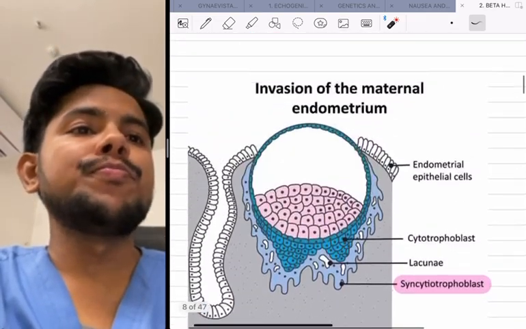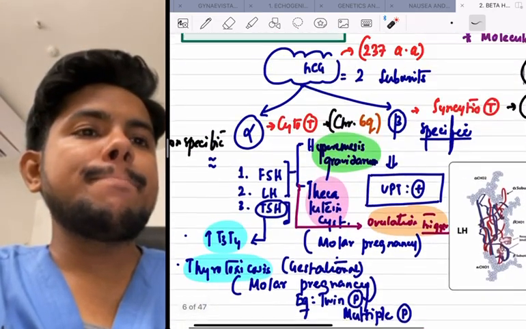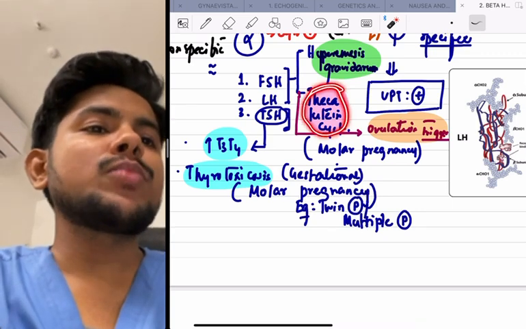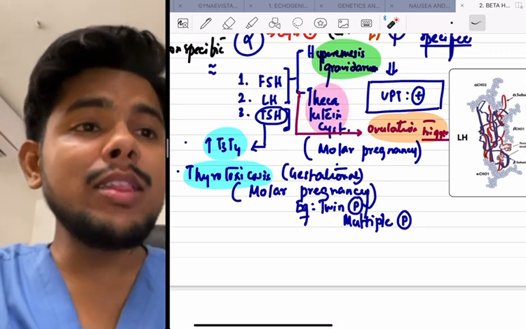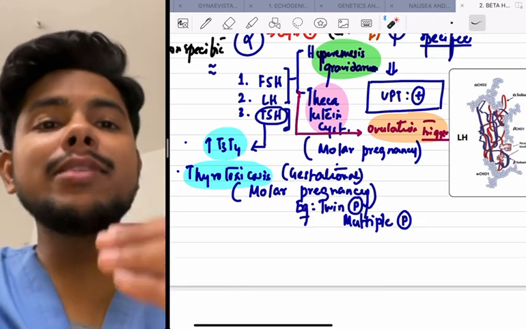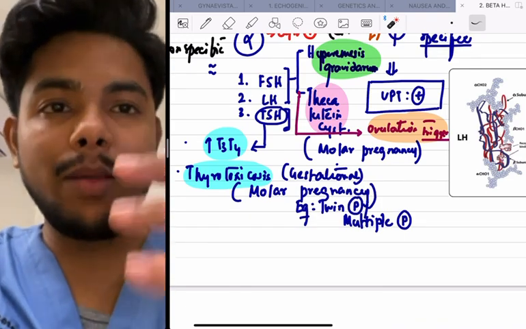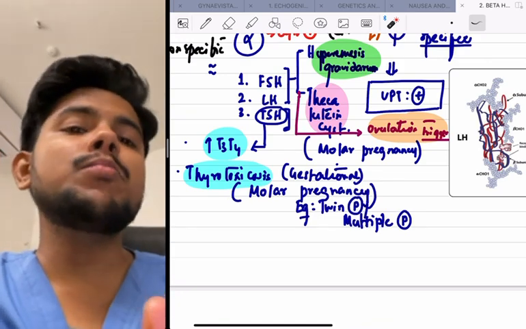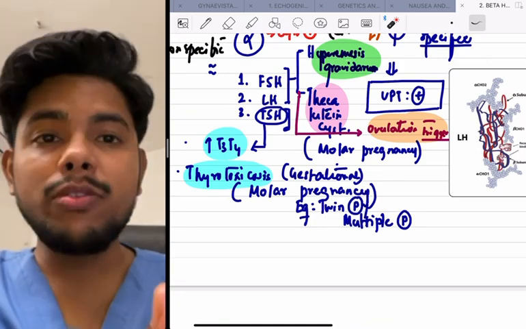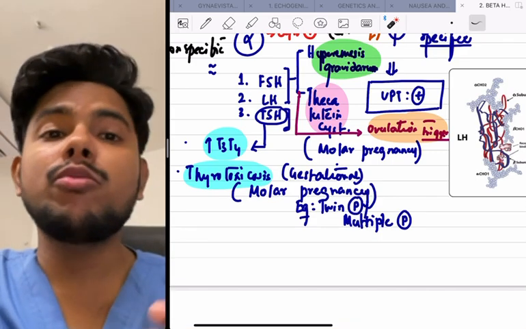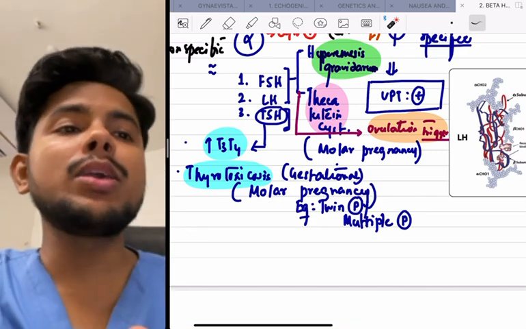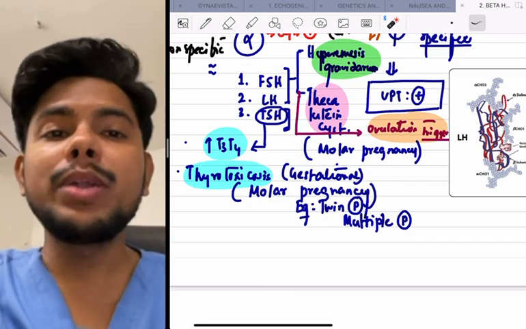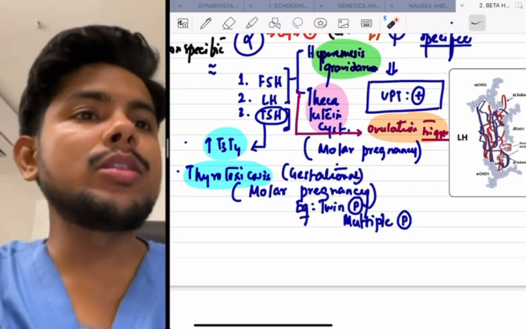Now, theca lutein cyst is seen if the lady is having excessively high levels of hCG. So what are the conditions? Those conditions can be multi-fetal gestations like twins or triplets or quadruplets, or it can be molar pregnancy, especially if it's a complete molar pregnancy. Am I clear with this?